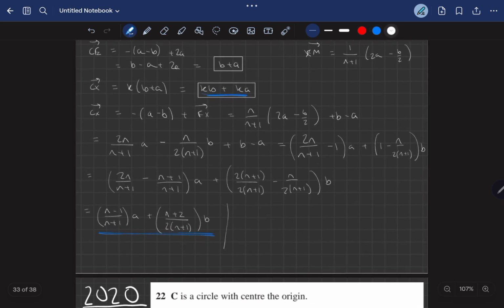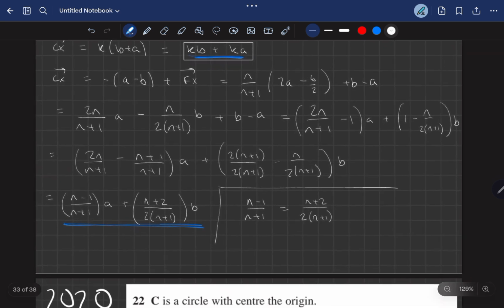The reason I did this is that for CX, the coefficients of A and B have to be the same, because remember, we're finding the same vector.